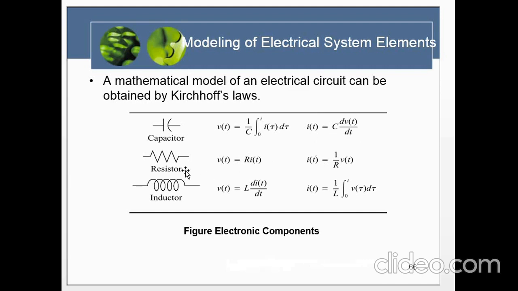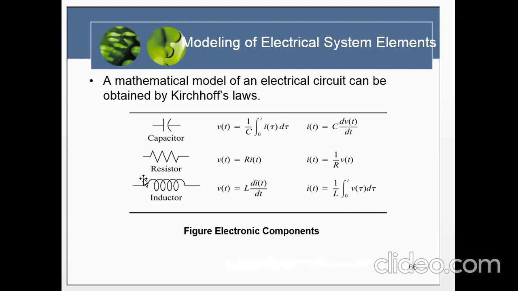And then the resistor: voltage in the resistor is equal to R multiplied by i(t), and the current i(t) is equal to 1 per R v(t). And then for the inductor, its voltage is v(t) equal to L di per dt, and the current is 1 per L integral 0 to t of v(tau) d tau.